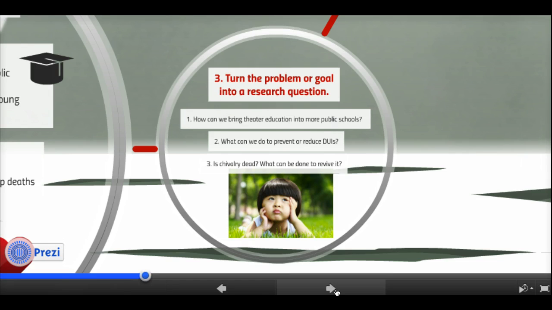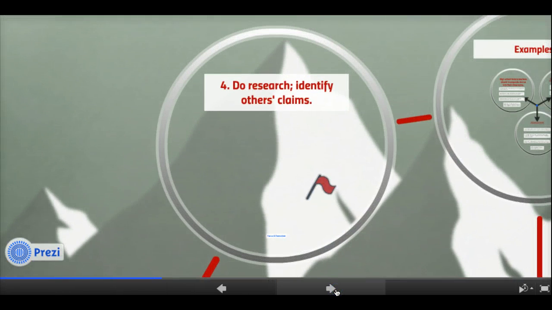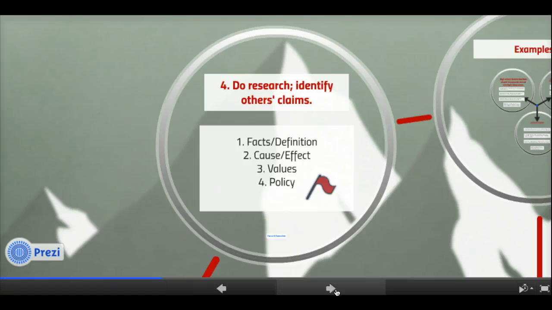Once you have your research question finished, then it's time to do the research. As you're doing the research, you need to identify some others' claims. If you've read the chapter on stasis, you know that there are many different kinds of claims. Claims about the facts or the definition of something. Claims that involve cause and effect. Claims that involve values and policy.